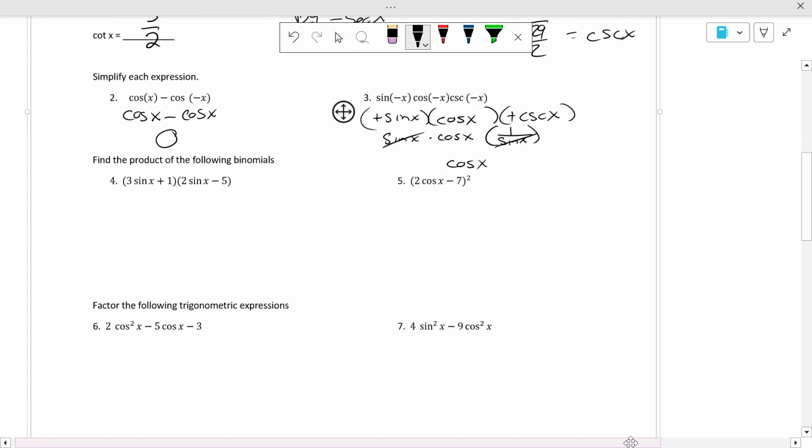We FOIL. So when we FOIL this, we get 6 sine squared of x. Outers is minus 15 sine of x. Inners is plus 2 sine of x. Last times last is negative 5. So 6 sine squared of x minus 13 sine of x minus 5.